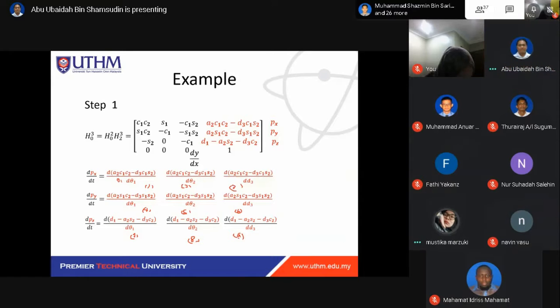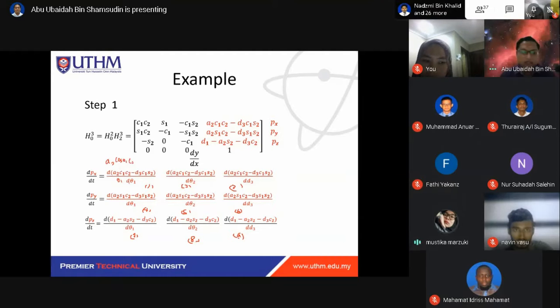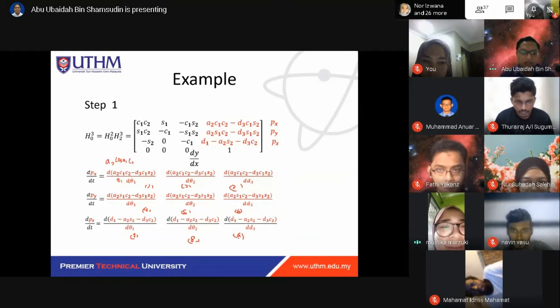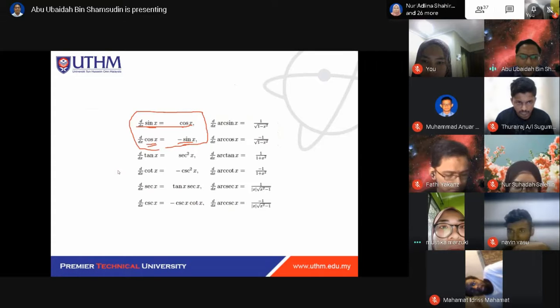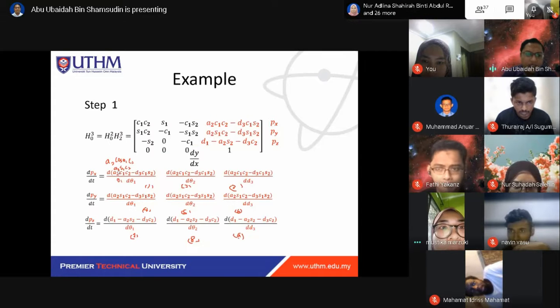Because this is cos theta 1, if we differentiate with theta 1, cos will give sin. A2 sin theta 1 C2. Betul ke? Sin cos will become negative.